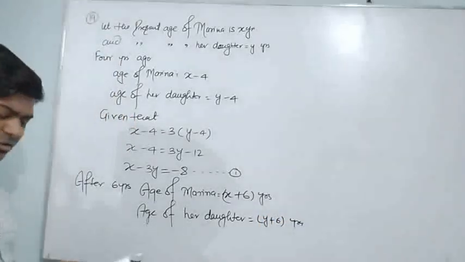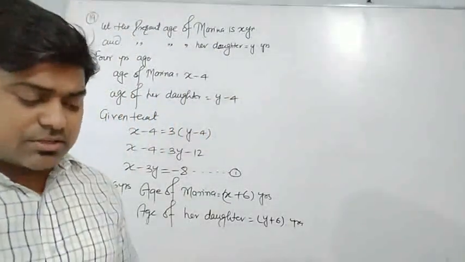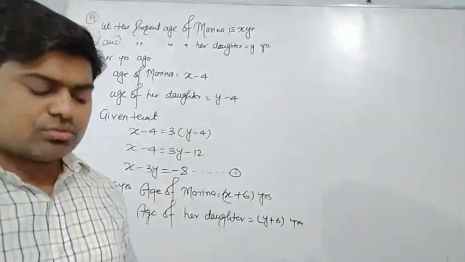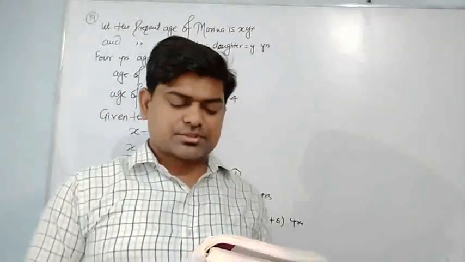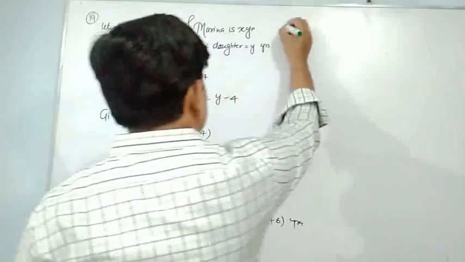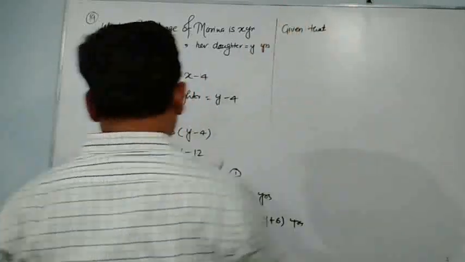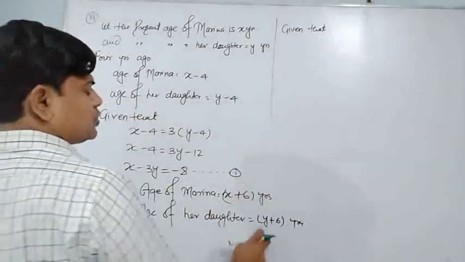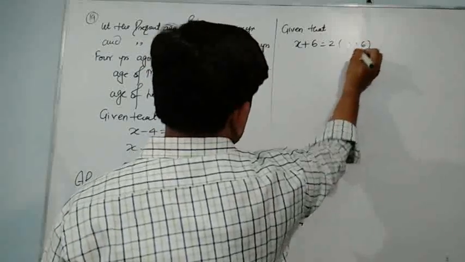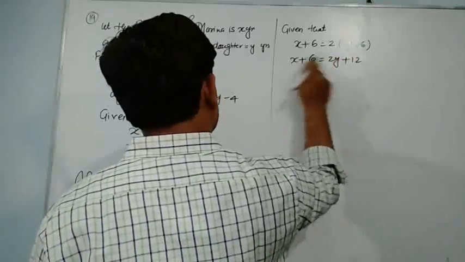And what is given in the relation? It's written 6 years from now, the mother will be 2 times, twice as old as her daughter. It means X plus 6 is equal to 2 times Y plus 6. What can I write here? X plus 6 is equal to 2Y plus 12.